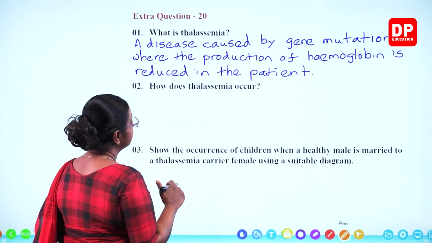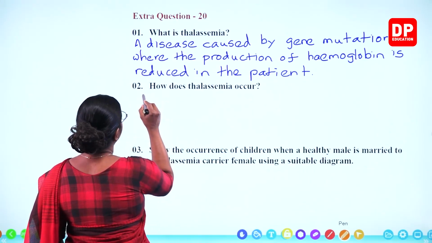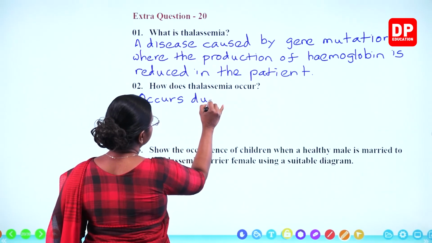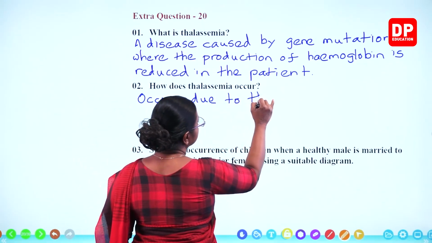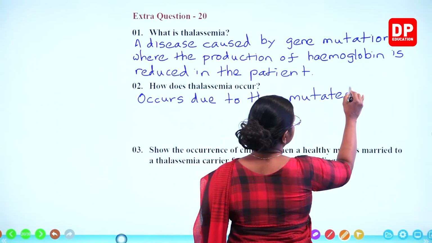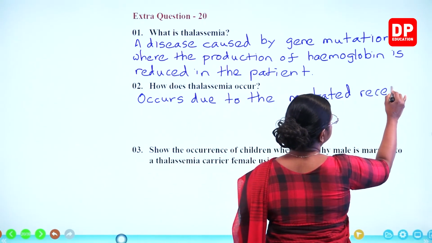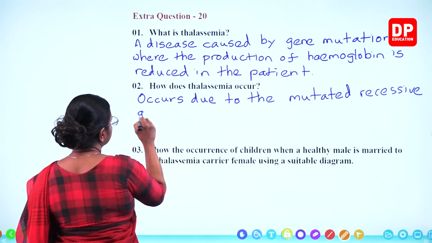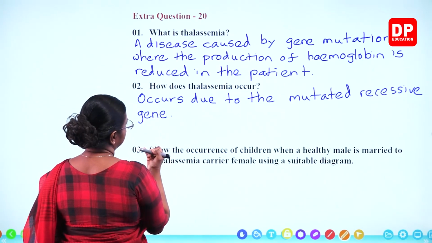How does thalassemia occur? Occurs due to the mutated recessive gene.